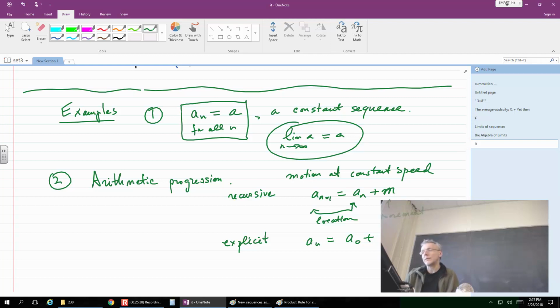If I progress from 0 to n, I have made n steps, right? So the initial location, and this is the current location after n steps. If I made n steps, each with increment m, then how far did I go?